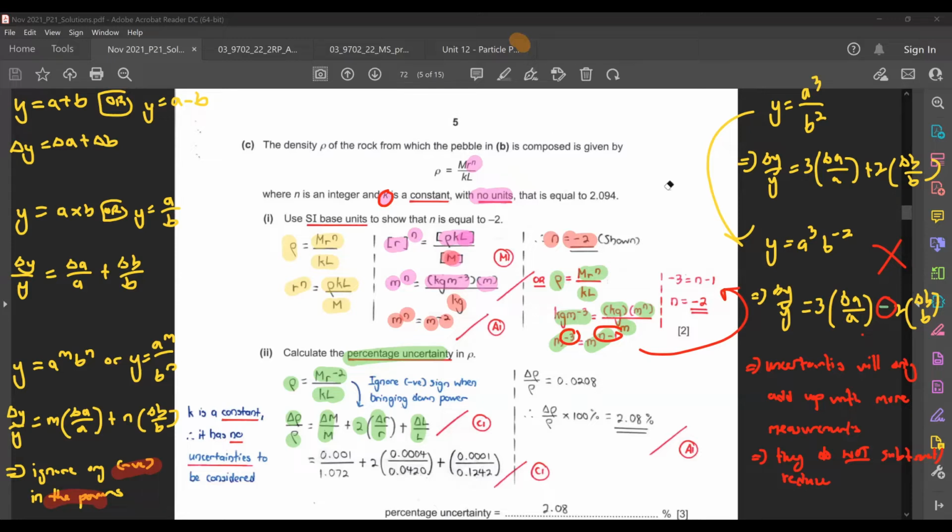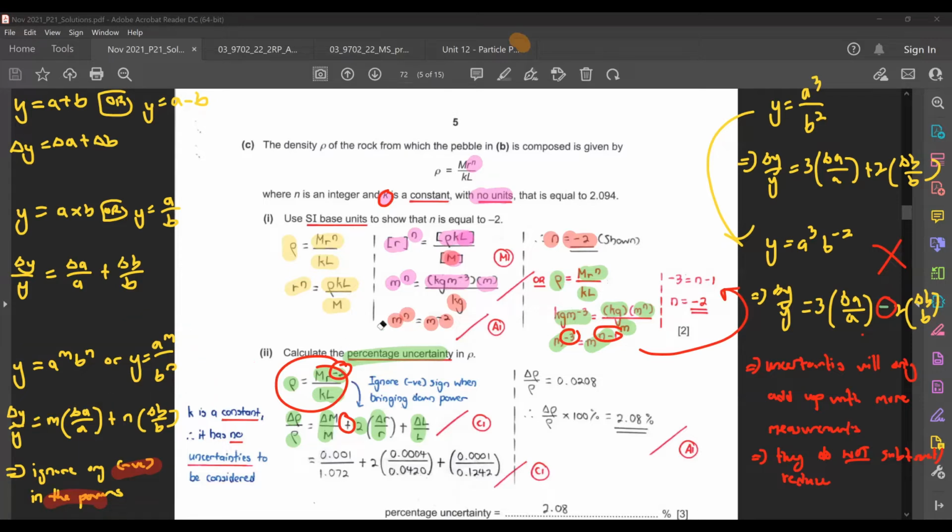Back to what I was talking about for this question. This negative 2, just ignore the negative. It's supposed to be positive. So this one will be plus 2 delta R over R plus delta L over L. This equation is similar to this form of equation. We're following this form.